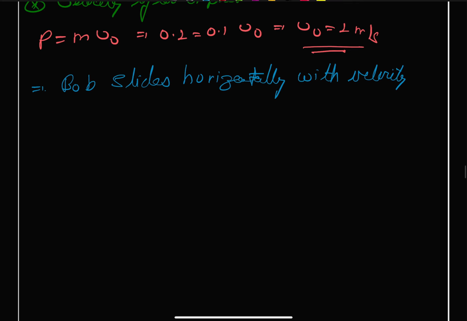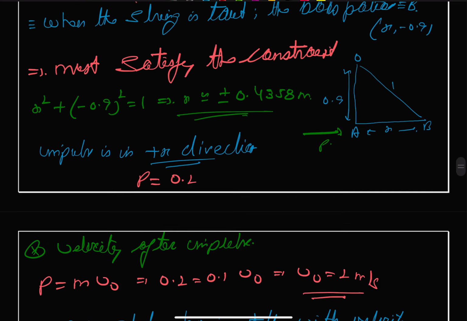So let us call this v of x is equal to v naught, which is equal to 2, and our vertical velocity will be equal to 0. Okay, and this is before this point B, because it is sliding from A up till B. This motion is along the table.